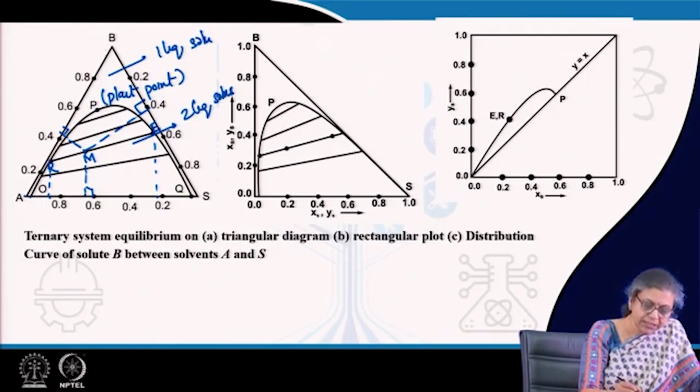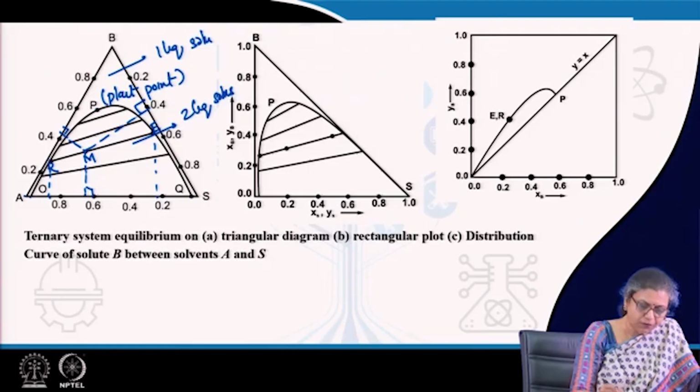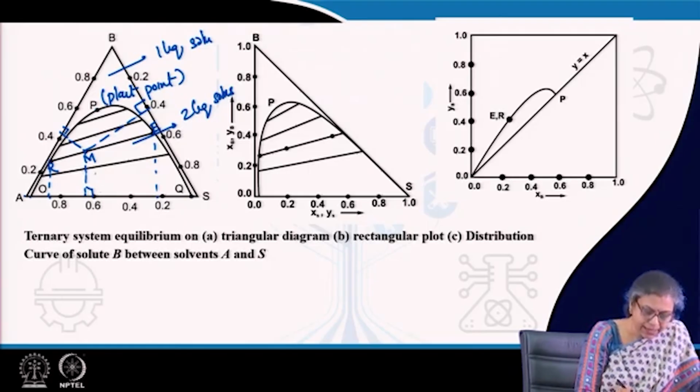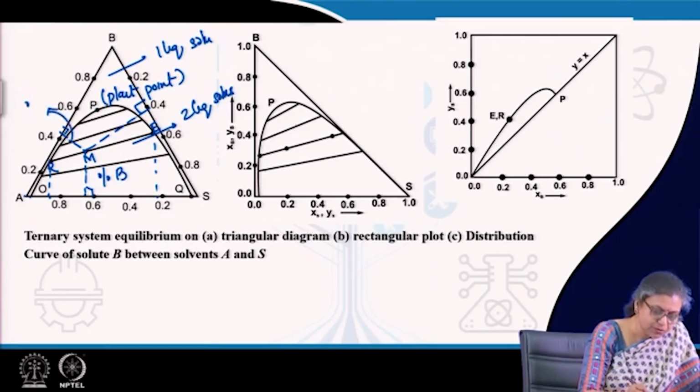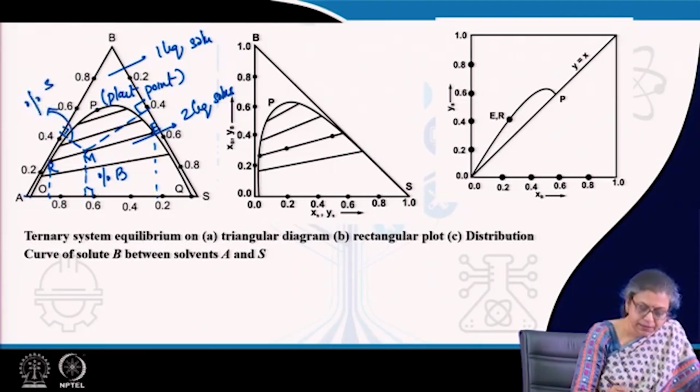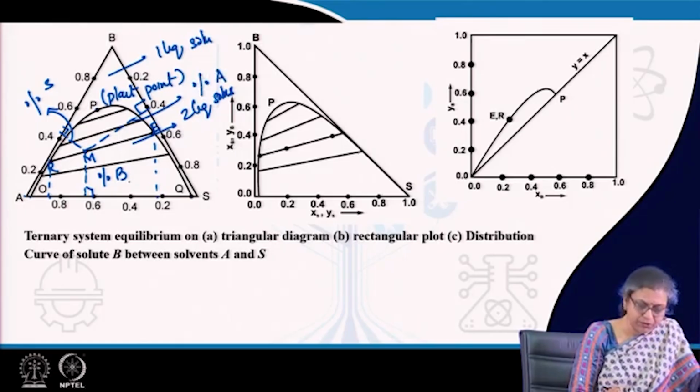So, if we take the altitude as 100% of the entire composition, then this length corresponds to the percentage of B, this particular length corresponds to the percentage of S, and this particular length corresponds to the percentage of A.